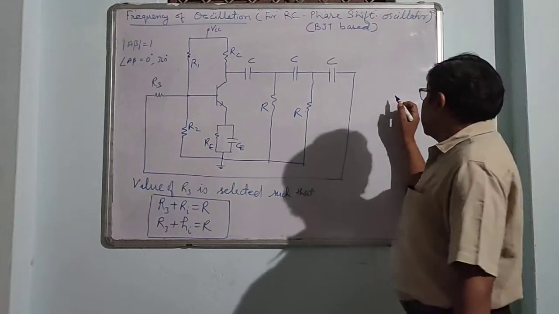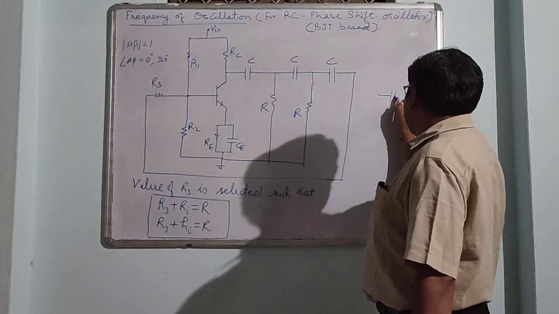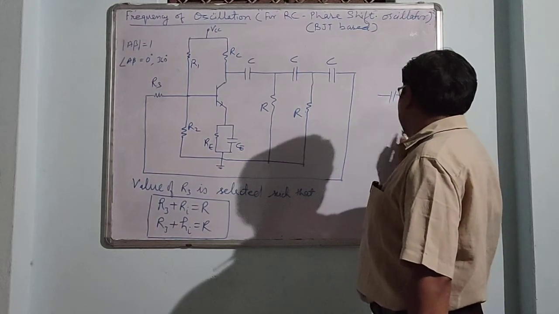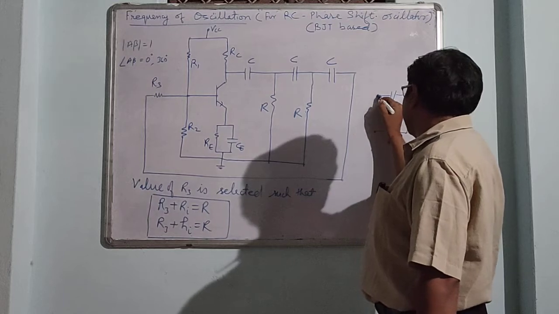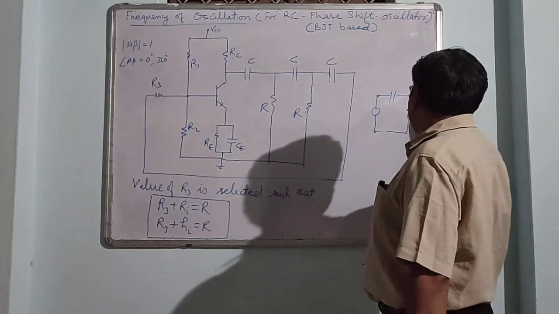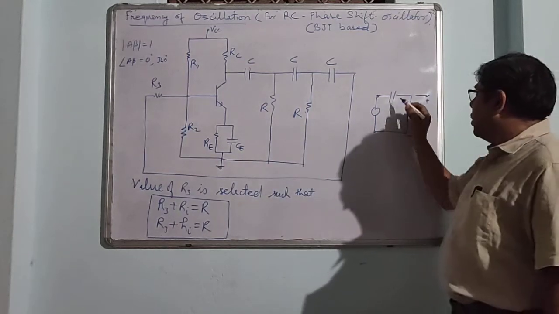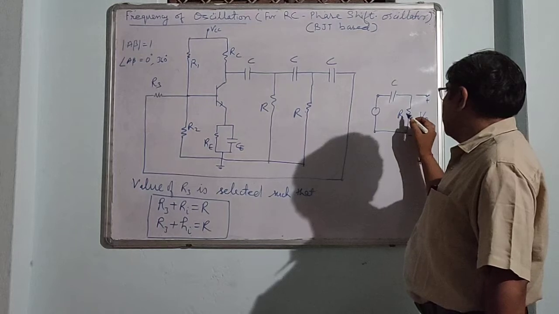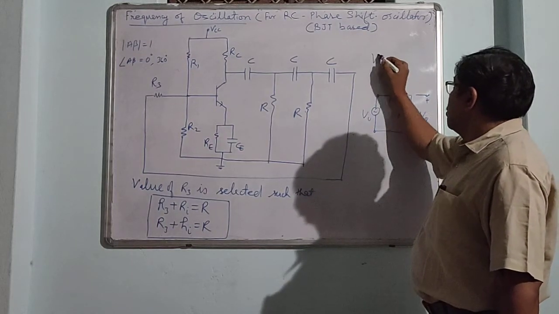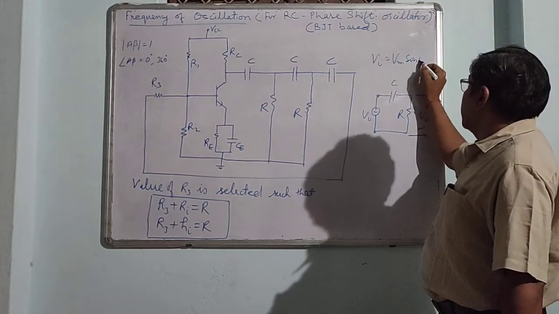So the basic structure is, suppose we are using a single network, and here you are applying an input and this is the output. Suppose Vi is Vm sin omega t.